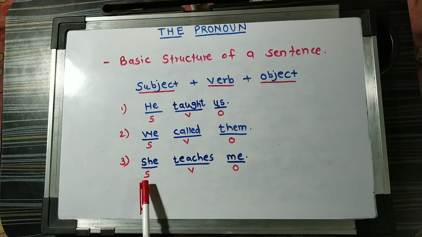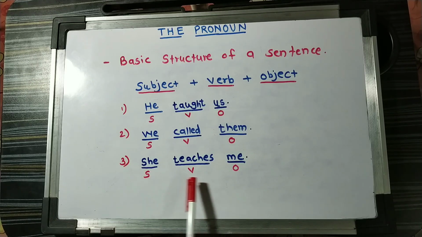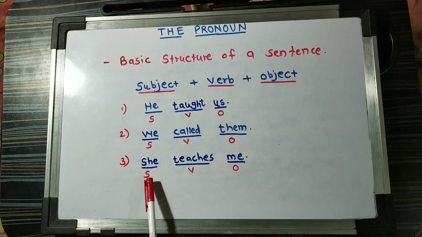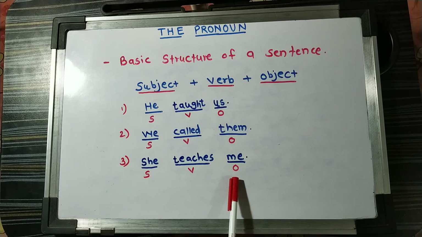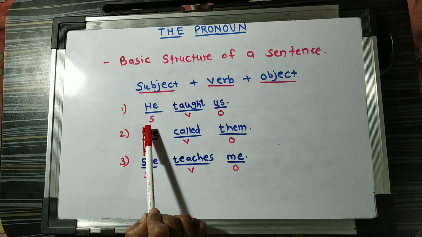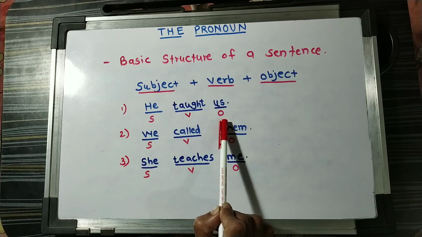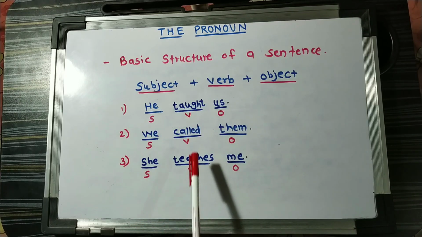In the third sentence also, at the place of subject and object, we have made use of pronouns. So what do you understand from this? We understand one thing from this, that is, we can make use of pronouns in a sentence at the place of subject and object, as you can see on the board.